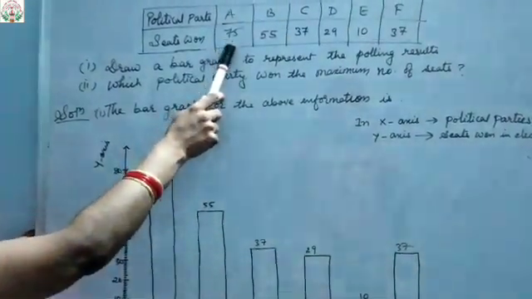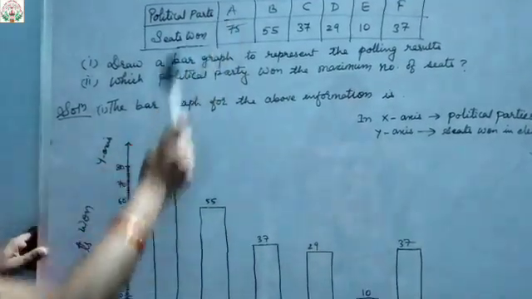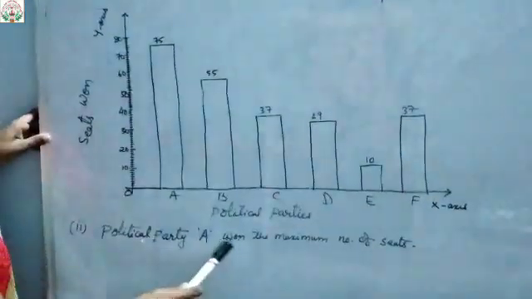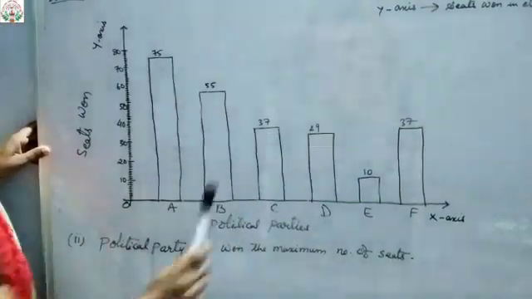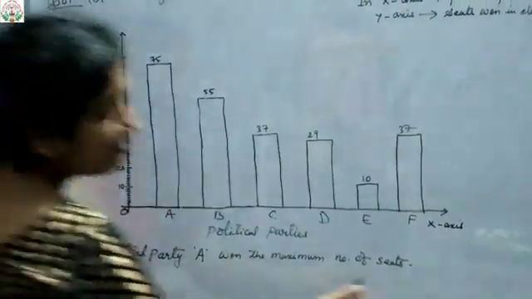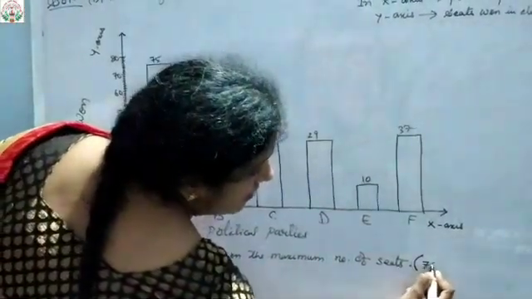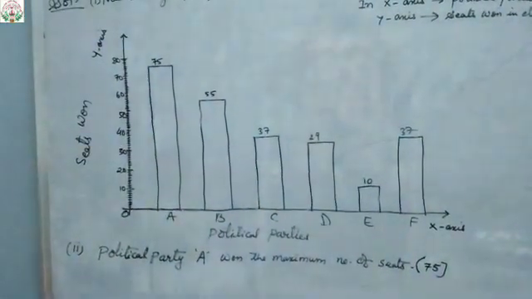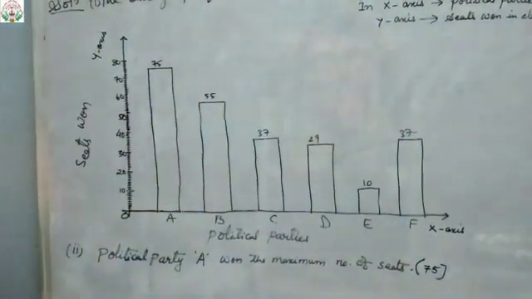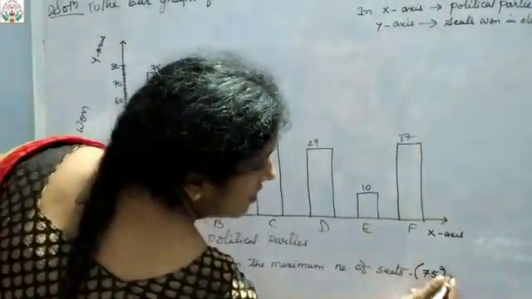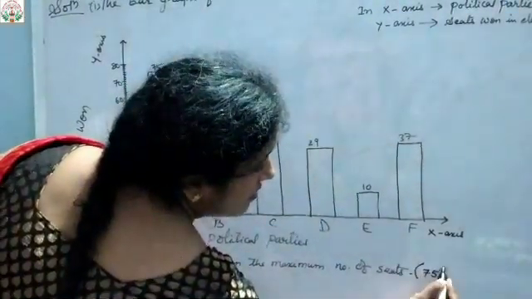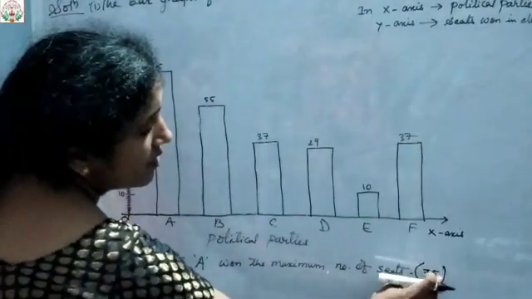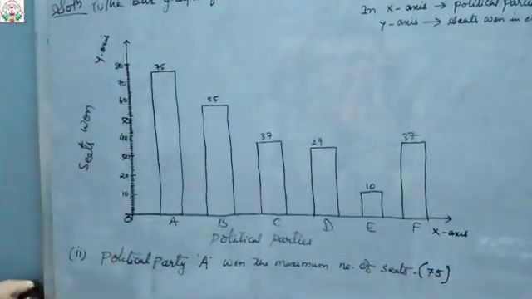That is 75, that is party A. So you can write political party A won the maximum number of seats, and in brackets you can write what? 75. Okay, clear? 75 will be the seats won by political party A.